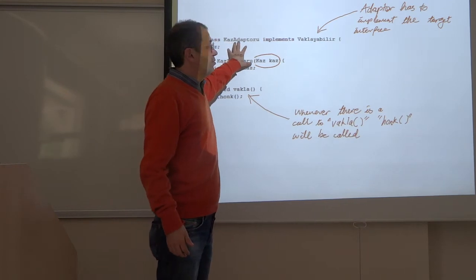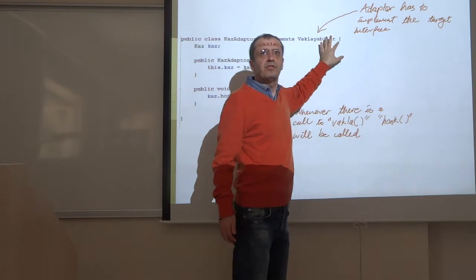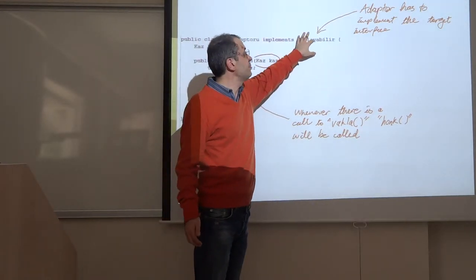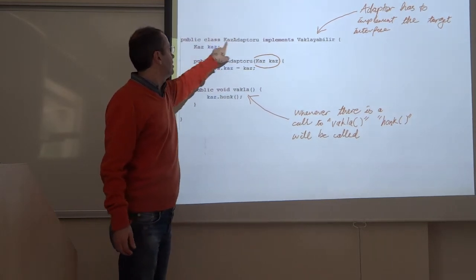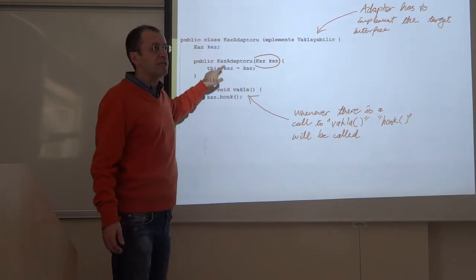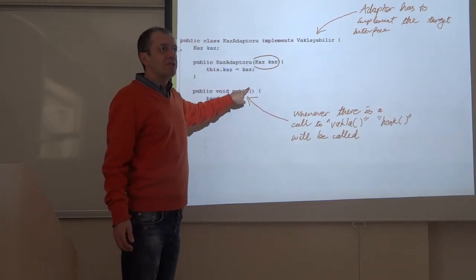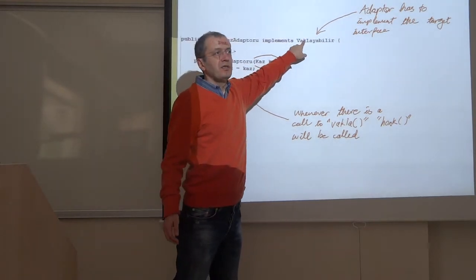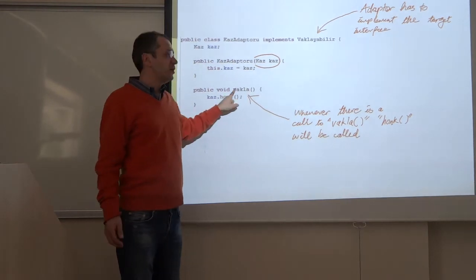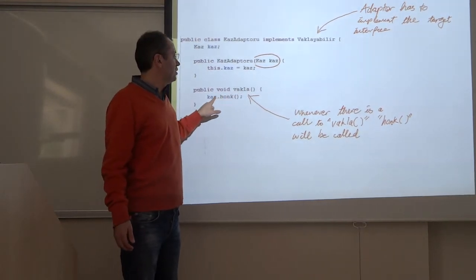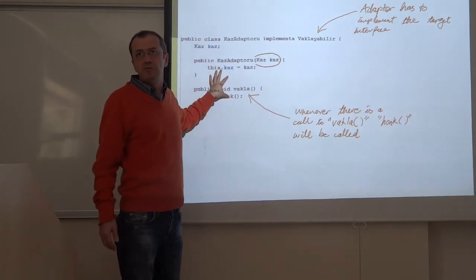So we have the goose adapter, which is again a quackable thing. It is quacking, so it is using the same interface, but this goose adapter is accepting a goose. We initialize it with a goose, and when you call it with the same name, since it is using this interface, it has to implement this method. But when you call this method, it is using its own, so it is an adapter after all.